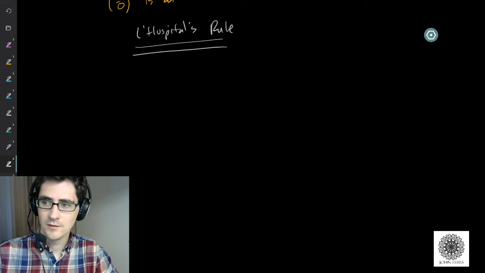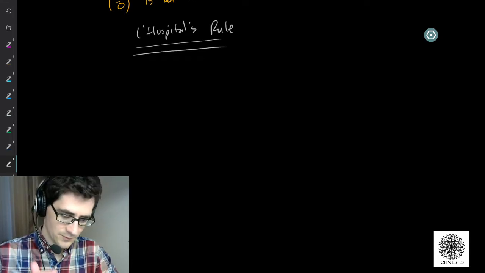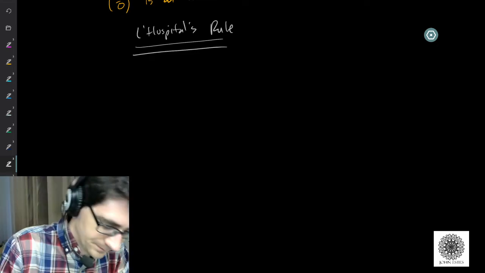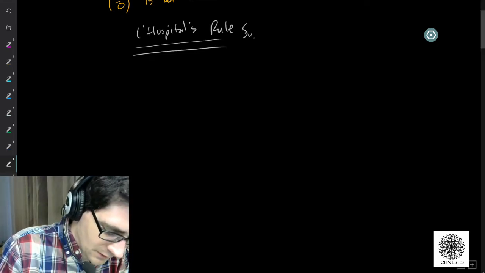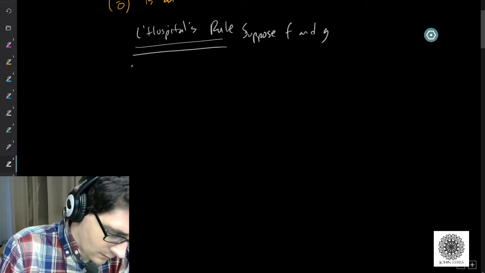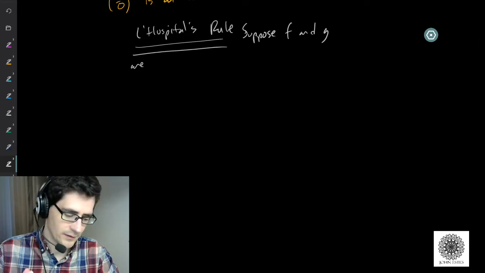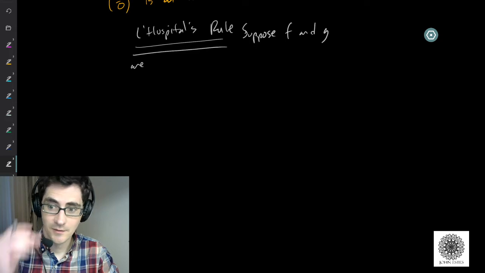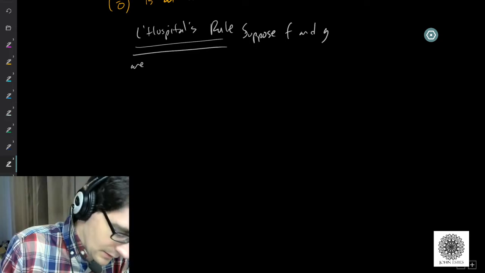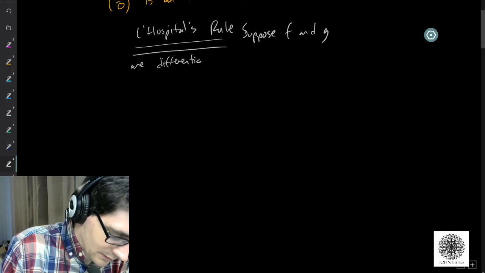Bear with me. Let me just write out what it's saying, and then we will do some examples, okay? So first we need two functions. Let's suppose f and g are differentiable, and we also need that the denominator not be 0, okay? So f and g are differentiable, and I said the denominator, that's not exactly what I meant.